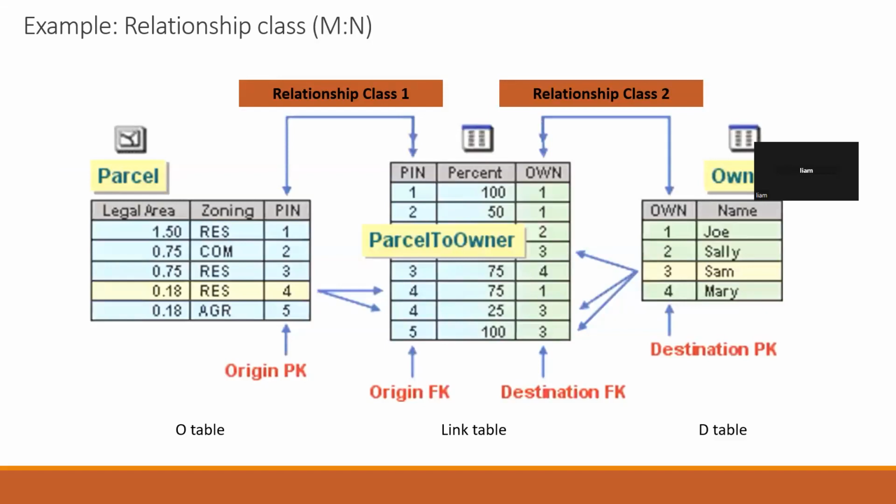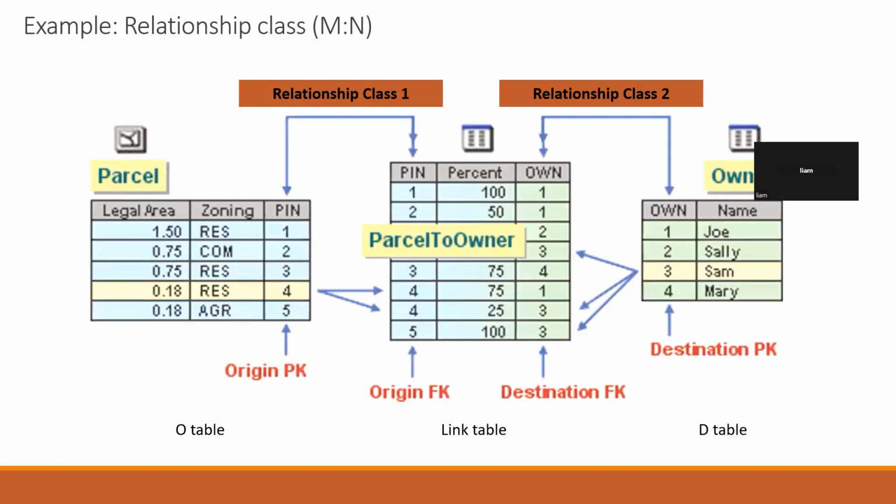Okay, and then here is the example of relationship class, when the two shapefiles or two tables have a many-to-many relationship, many-to-many cardinality. If there is a many-to-many cardinality, you need a link table, right?